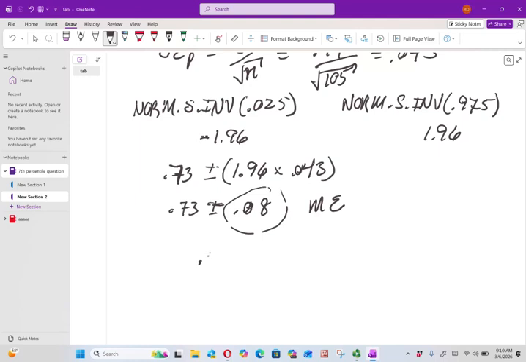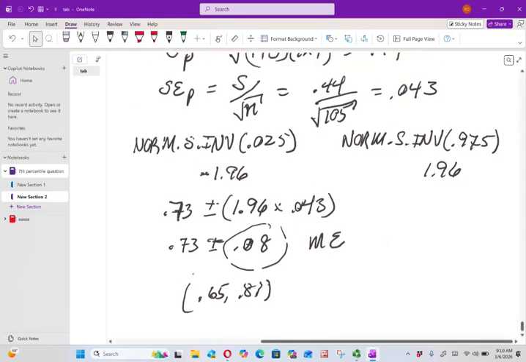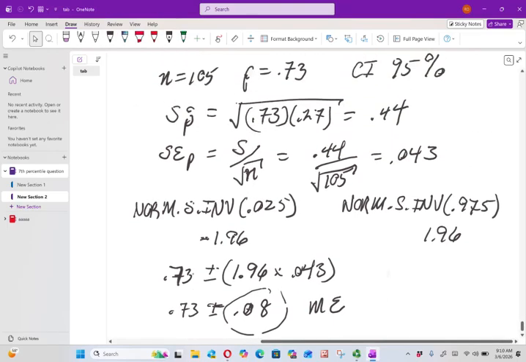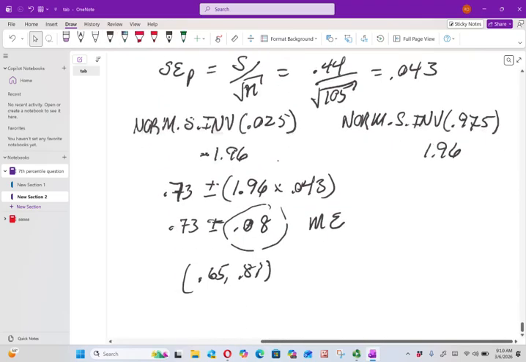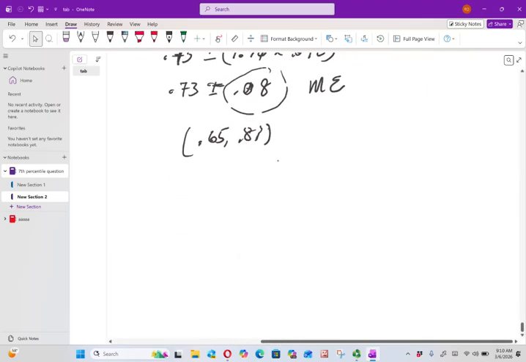Add and subtract to get 0.65 to 0.81, so that the real proportion is somewhere between 0.65 and 0.81 with 95% odds. It's no different than the bet on the mean, on the average, except that it uses the z-value, not a t-value. So there's no degrees of freedom with it. So that's a proportion, exactly the same.